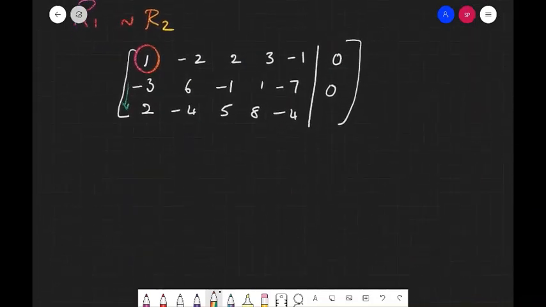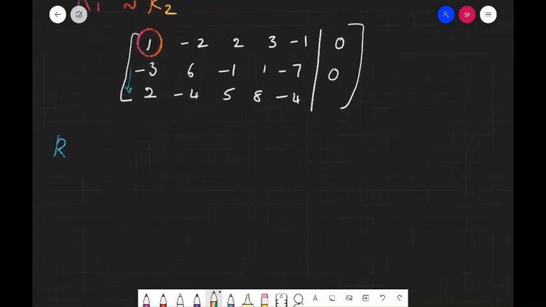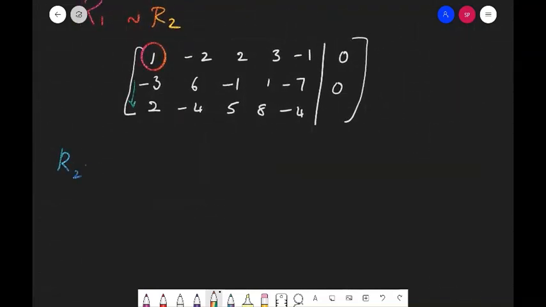So the operation we'll apply here is for R2: R2 plus 3 times R1. Fine.